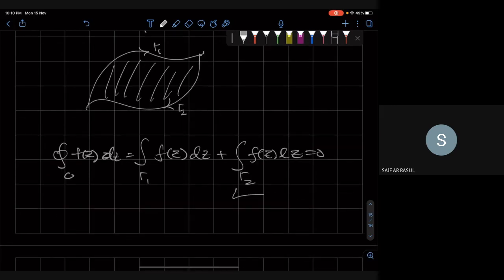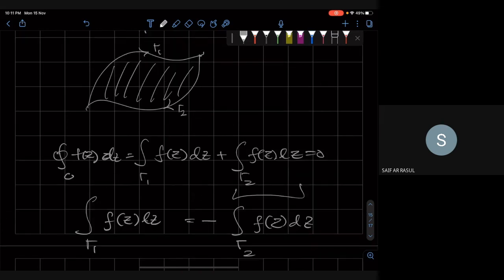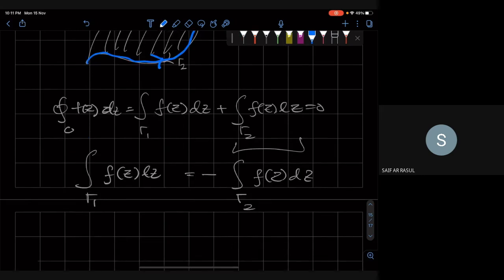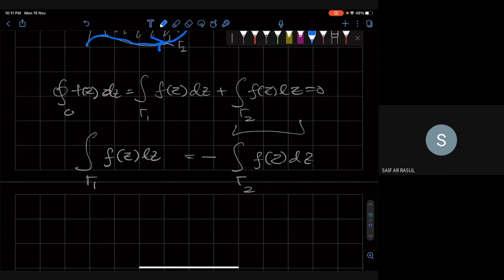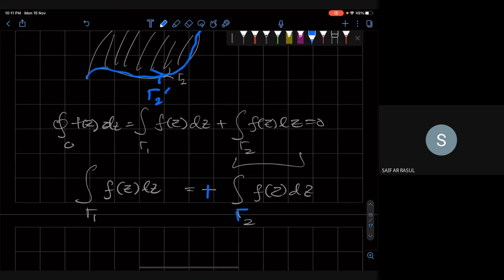And now what I can do is take it to the other side. So the gamma 1 contour integral of f of z dz equals minus the gamma 2 contour integral of f of z dz. But now if I reverse the direction of this integral, then I can flip the sign. So let's call this gamma 2 prime.